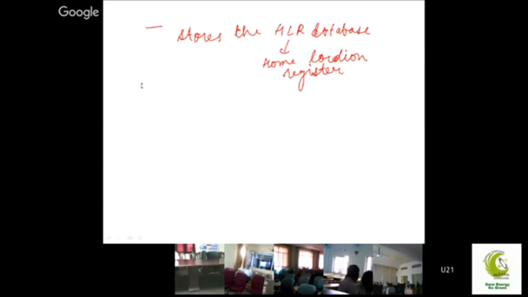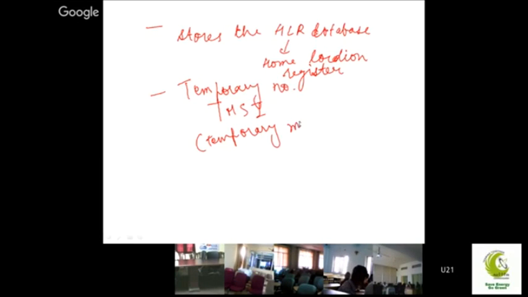And the SIM also stores a temporary number, and that temporary number is called TMSI, that is Temporary Mobile Subscriber Identity.